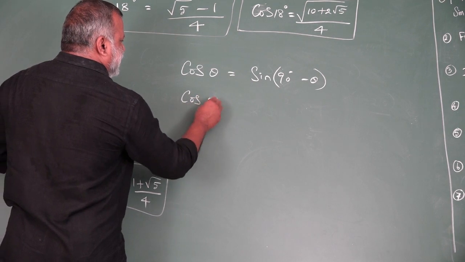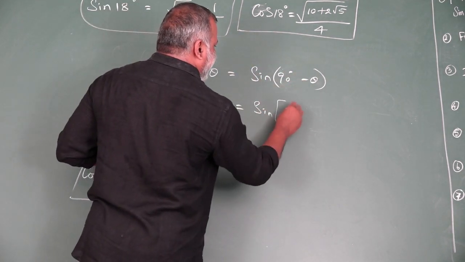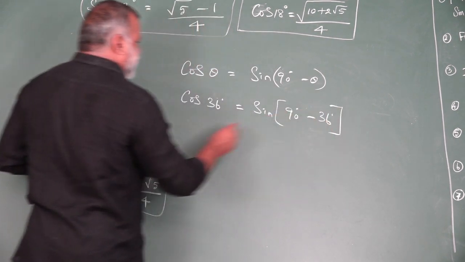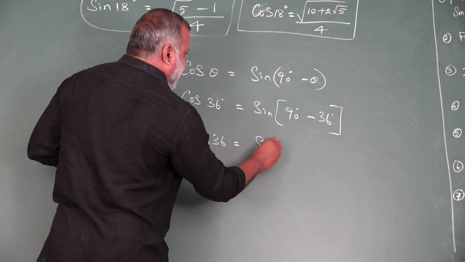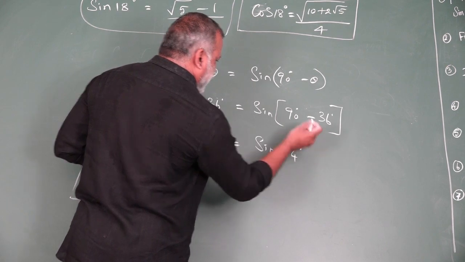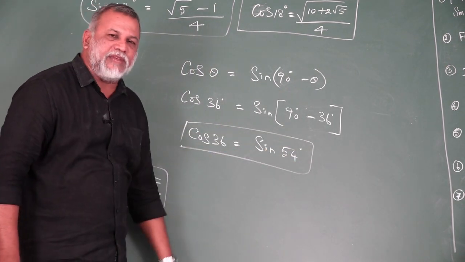So I am replacing theta with 36, and on the right side also, sine of 90 minus theta is replaced with 36. Now subtract: cos 36 is equal to sine of 90 minus 36, which gives 54. So cos 36 equals sine 54.